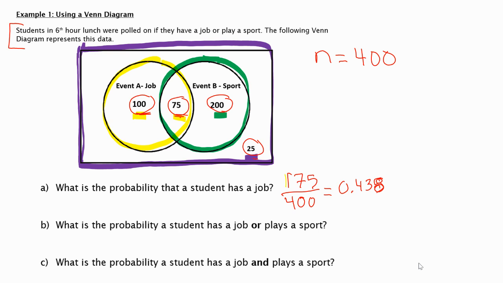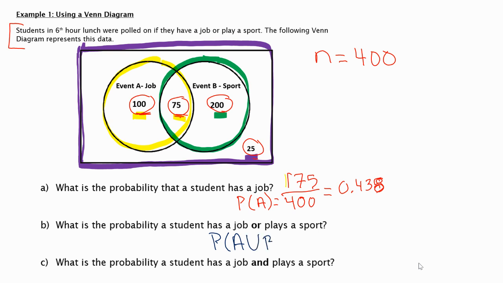For the probability that a student has a job or plays a sport, the first one was looking at the probability of A, essentially. The second one is looking at the probability of A or B, really the union.